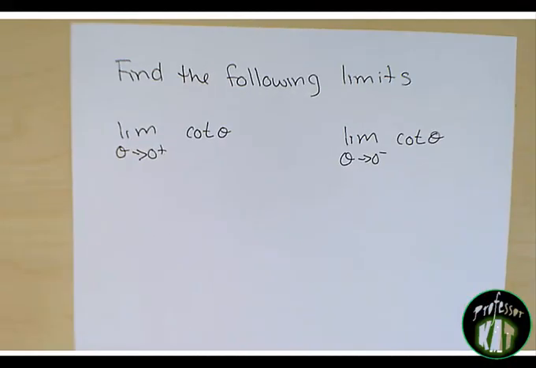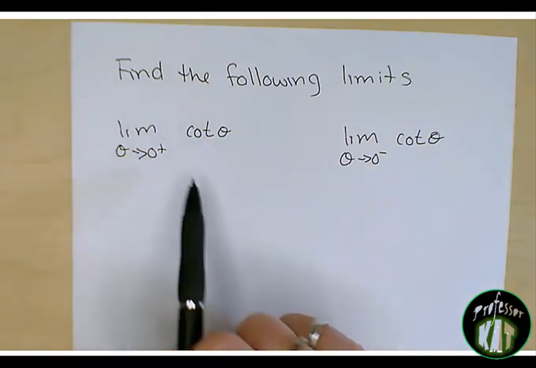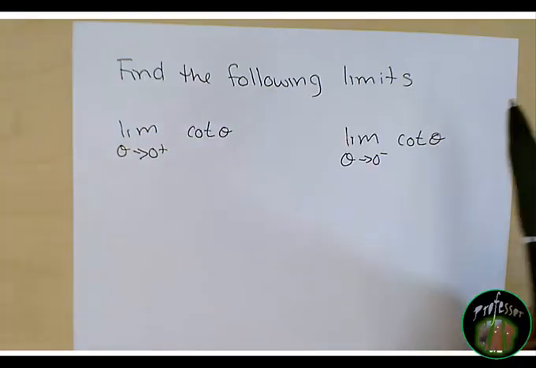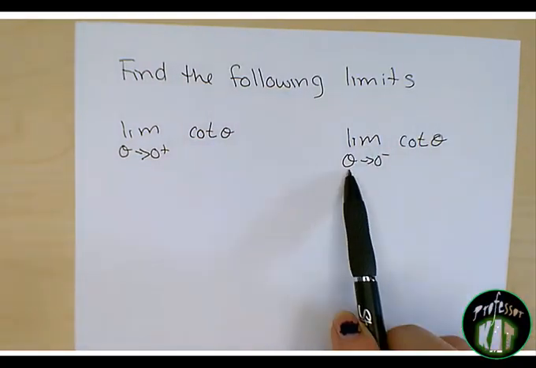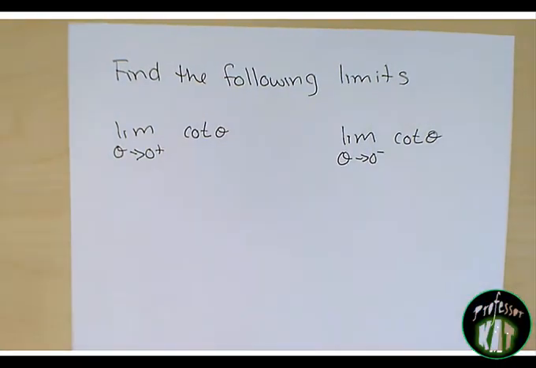And to end this section, let's talk about limits of trig functions at infinity. So let's find the following limits. Let's find the limit as theta approaches 0 from the positive side of cotangent theta, and then the limit as theta approaches 0 from the negative side of cotangent theta.